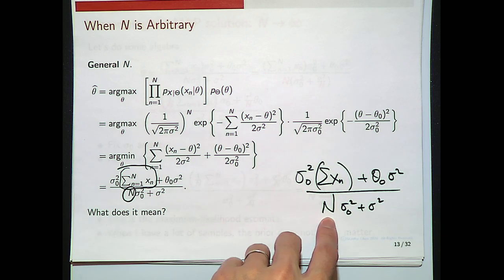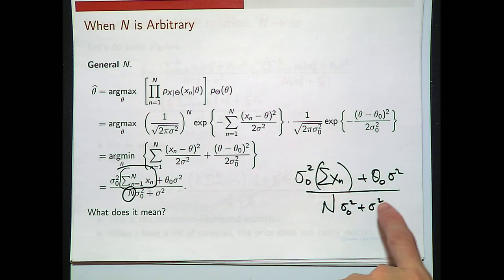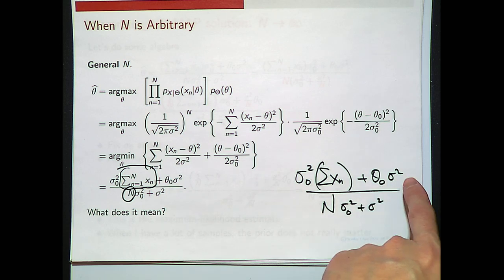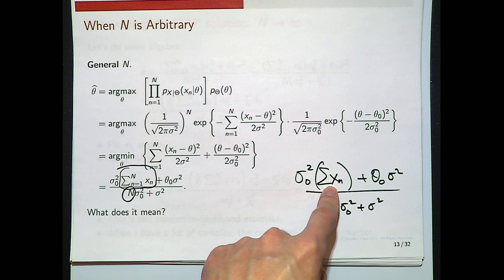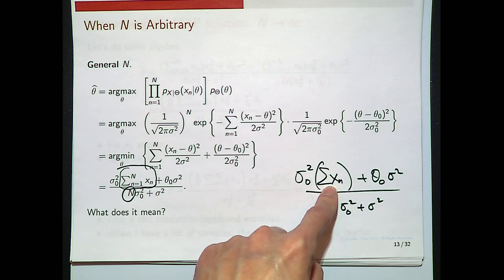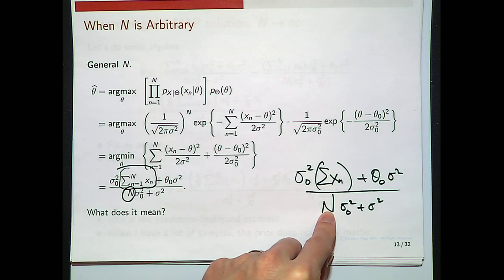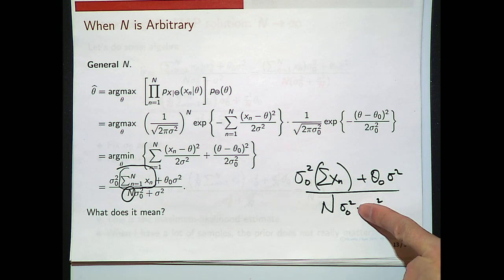As n goes to infinity, as you have more and more samples, who will dominate in this equation? This is a constant, and of course the summation will dominate eventually because you have lots of samples, right? This number will become big, and so this n will become big. What will happen? The influence of this term and this term will be gone.